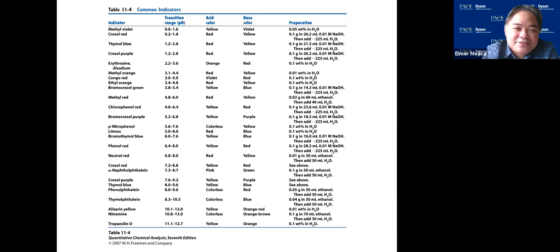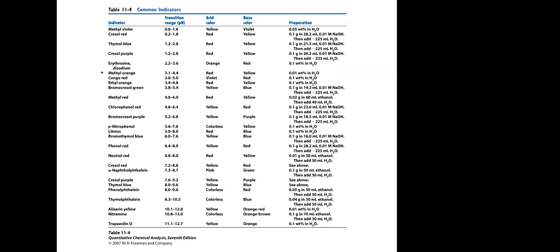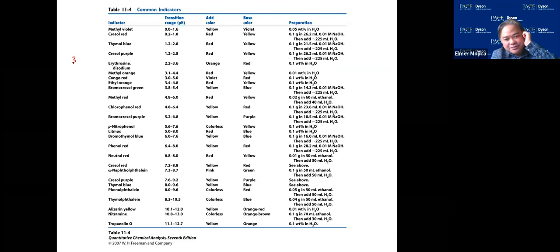What will be your answer? Can I use methyl orange? Yes or no? No. It's between 3 to 5, okay? So what does it mean? Lower than 3, it's another color. Higher than 5, it's another color. Or lower than 4 is another color. Higher than 5, it's another color.